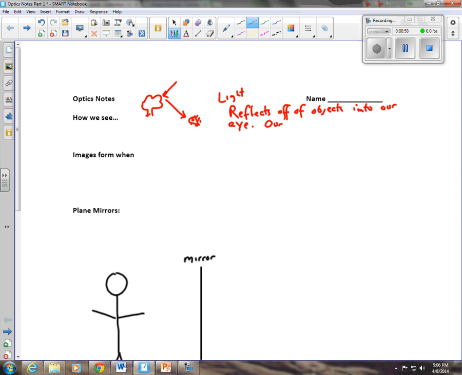Our brain knows light travels in straight lines.